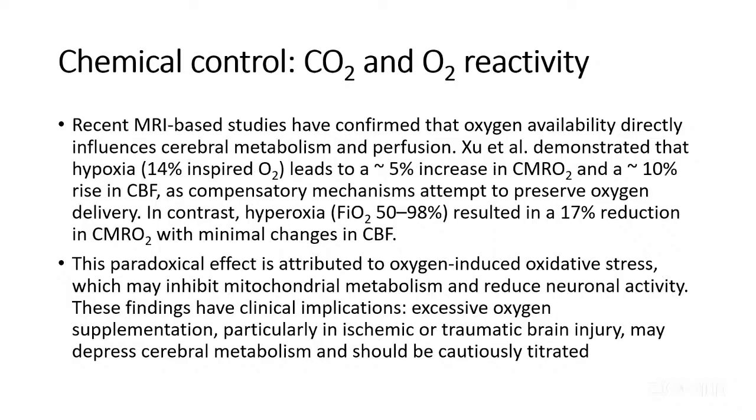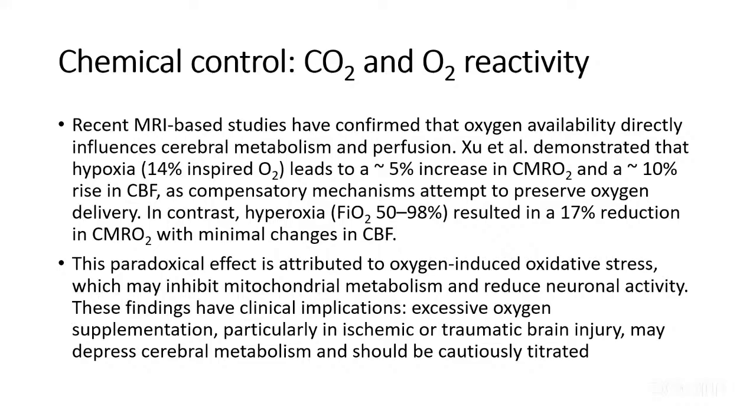Now, recent MRI-based studies have confirmed that oxygen availability directly influences cerebral metabolism and perfusion. Zhu et al. demonstrated that hypoxia leads to an increase in CMRO2 and a rise in cerebral blood flow as a compensatory mechanism in an attempt to preserve oxygen delivery. In contrast, hyperoxia resulted in reduction of CMRO2 with minimal change in cerebral blood flow.